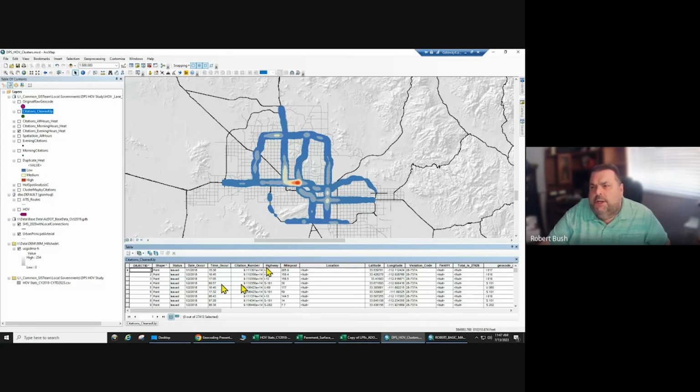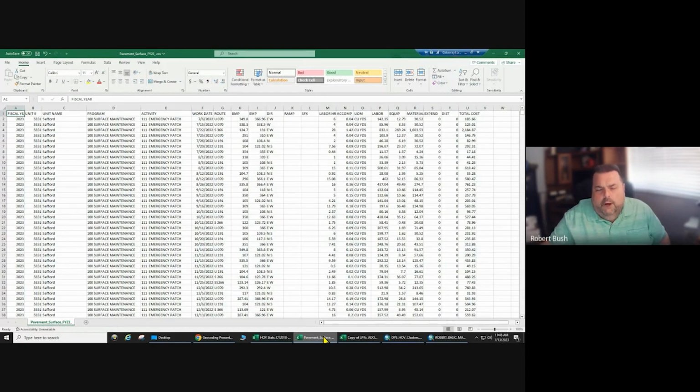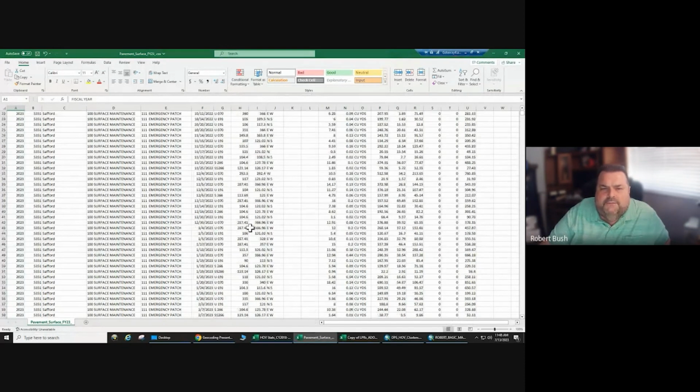I want to move to another example here, and this is pavement surface type. I want to thank Sandra Harris and Zach Hallaby with the MMS team for getting this information. This is PECOS data. A lot of you might be familiar with it. It's a CSV report, and it's on surface maintenance, doing all sorts of stuff.